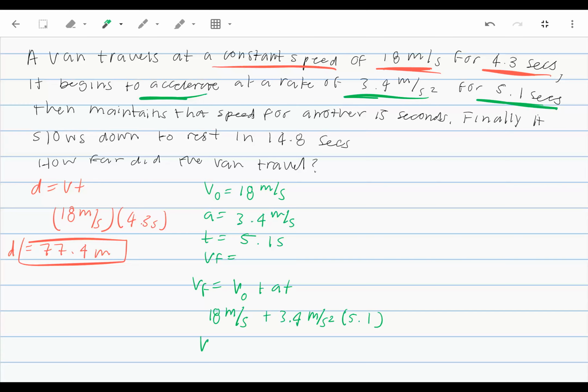This should give us our final velocity. Let's see, 3.4 times 5.1 is 17.34, plus 18 equals 35.34.